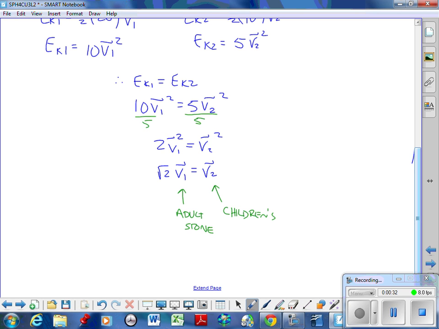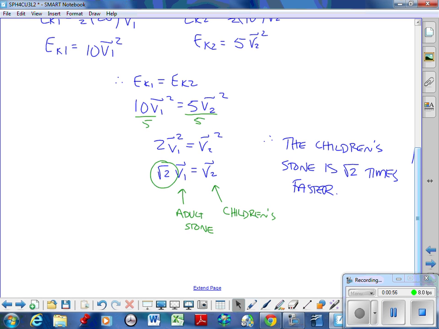Okay, so the children's stone is this much times faster. All right, so therefore the children's stone is root 2 times faster. All right, definitely an upper end or a very challenging question.